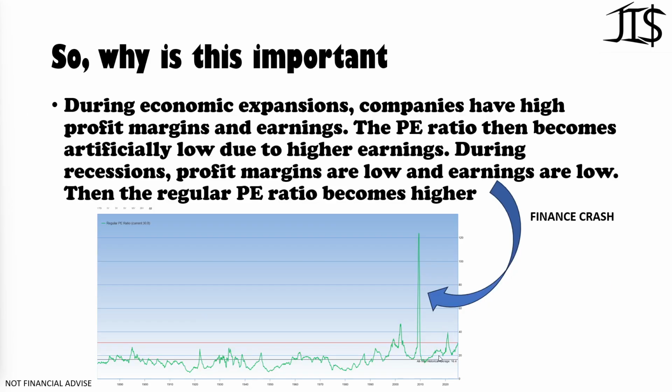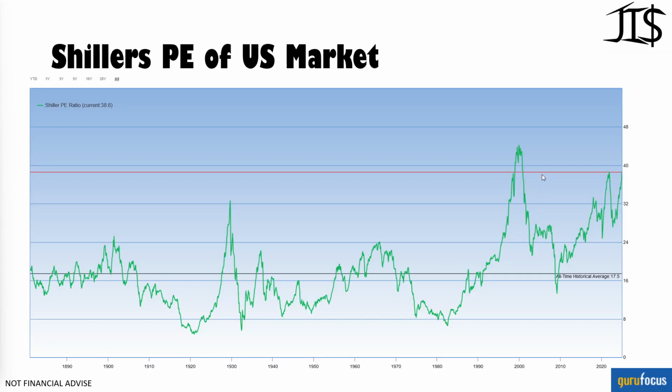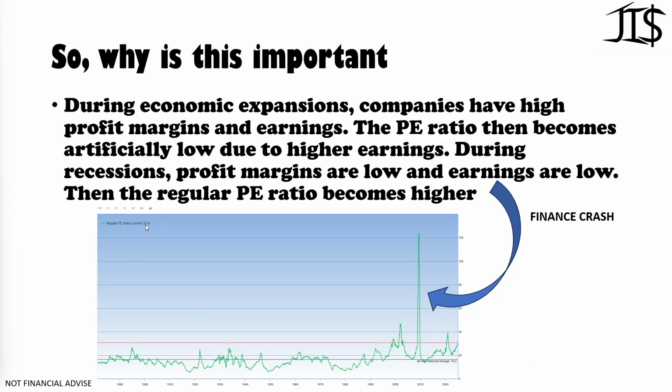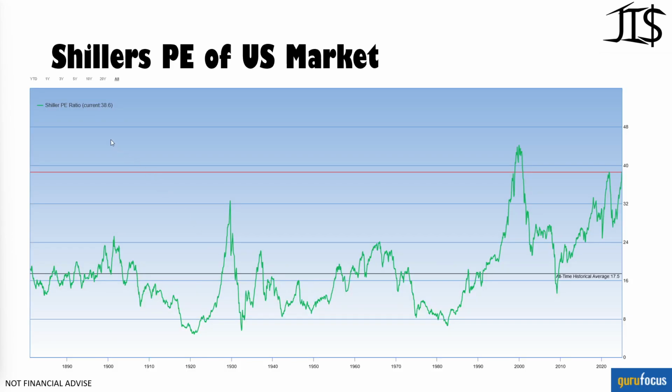In the previous slide, you see the average PE of American companies is 16.4, and right now it's at 32.4, so it's rather high. And here it's 38.6. I don't know, it's 30.8 here, current 30.8, and here the current is 38.6.